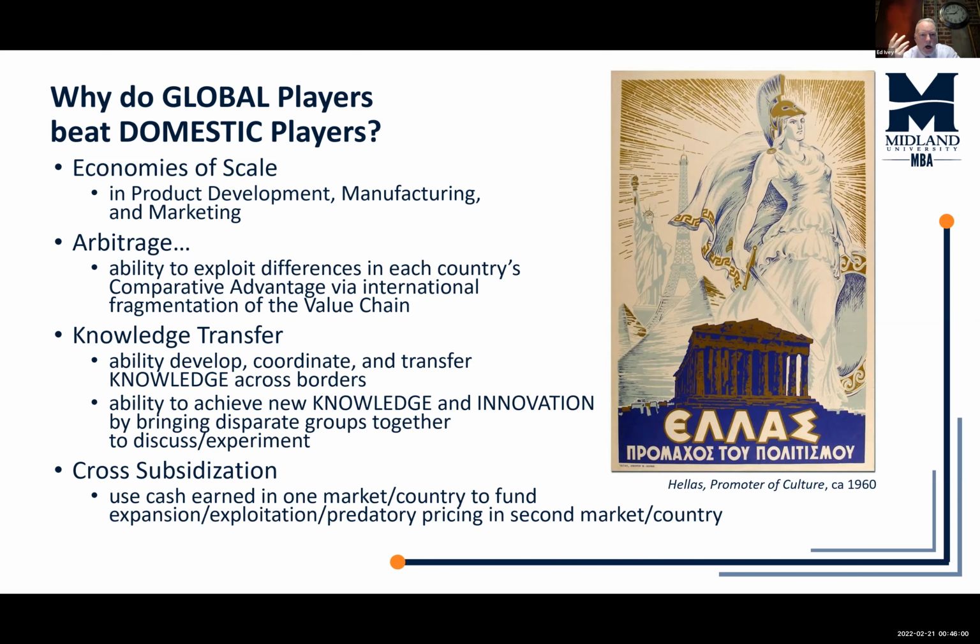As well, arbitrage. So it's the ability to exploit differences in each country's comparative advantage via that international fragmentation of the value chain, so that you're producing a part in the US, another part in Germany, another part in Sweden, for example, and then you are assembling in China. Similar to what Apple does for the iPhone.